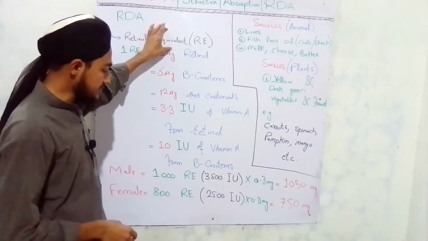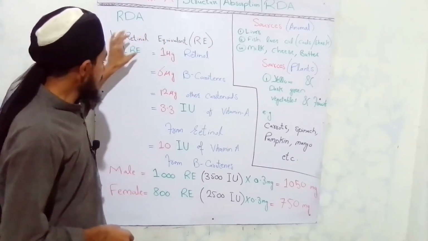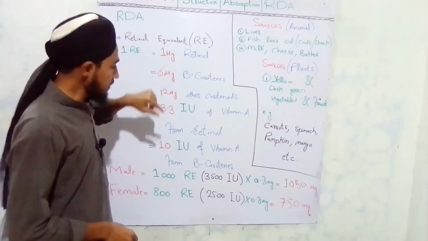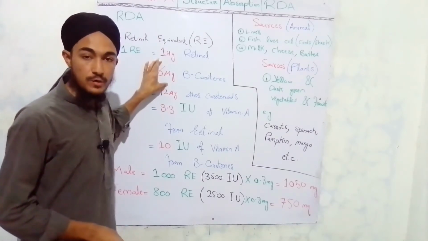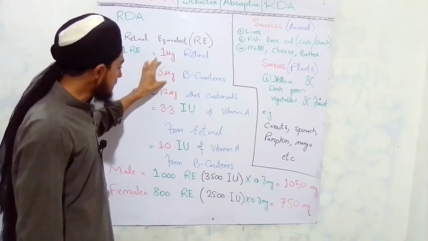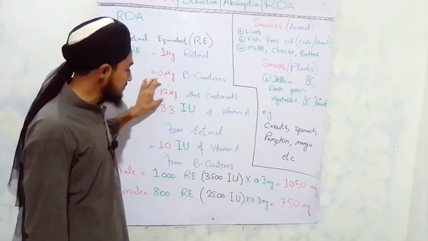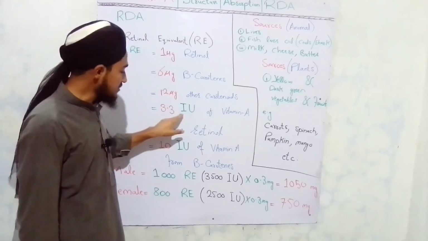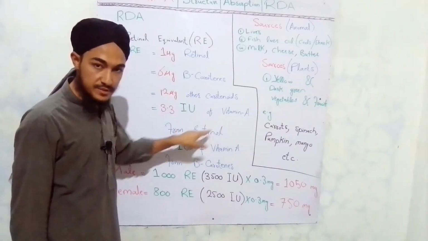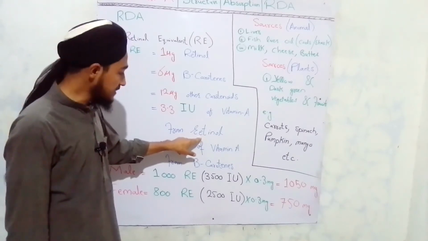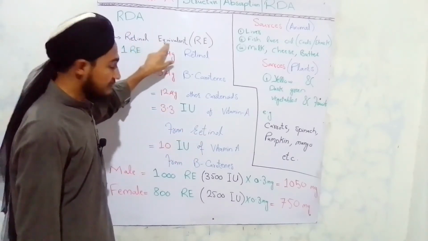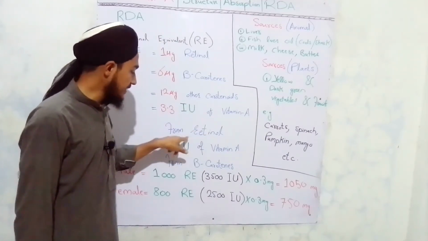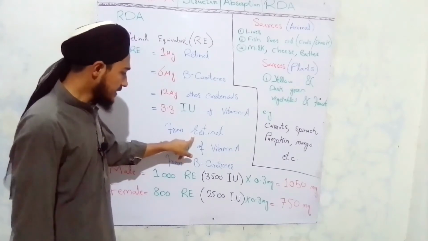The unit that is used for the recommended dietary allowance of vitamin A is retinol equivalent rather than international units. 1 retinol equivalent equals 1 microgram of retinol, that equals 6 micrograms of beta carotene, and that equals 12 micrograms of other carotenoids, and that equals 3.3 international units of vitamin A activity from retinol.